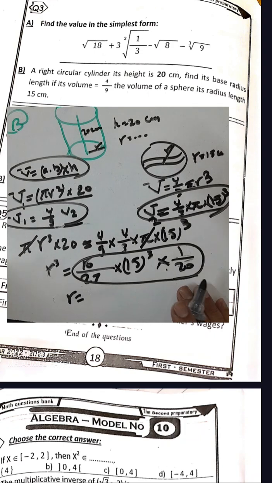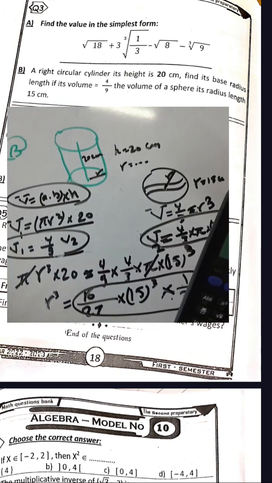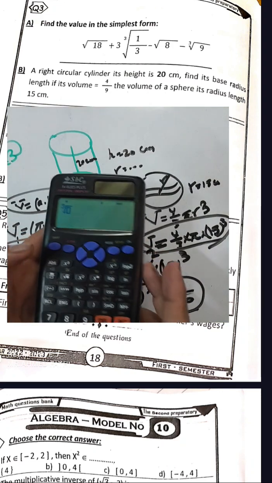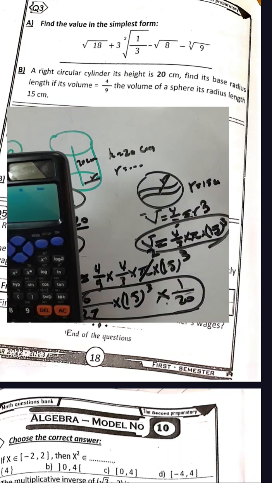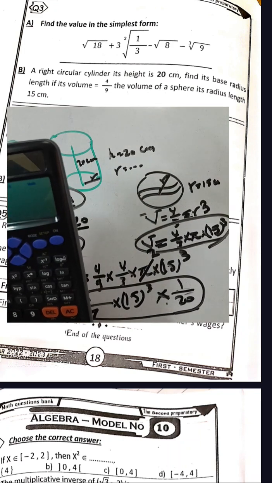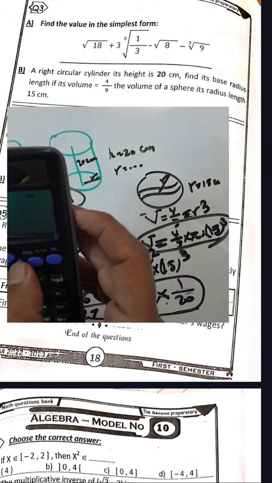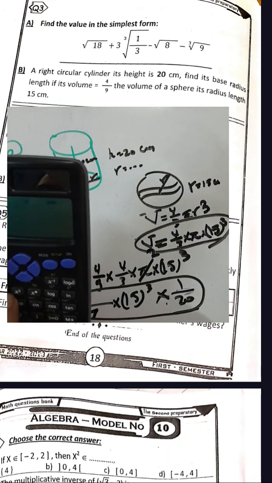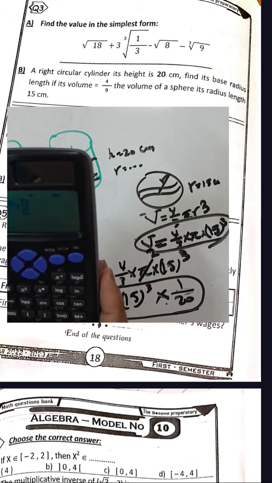Okay, write shift square here about the result. 16 over 25 first, 16 over 25 product by 15 power 3 product by 1 over 20.